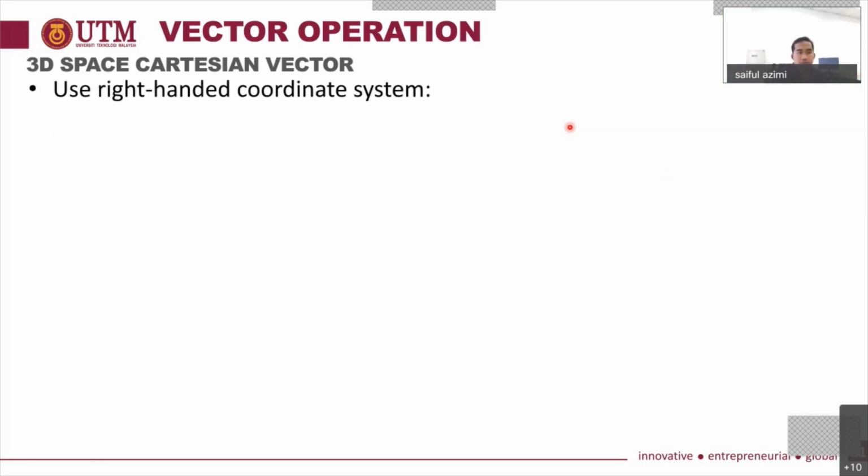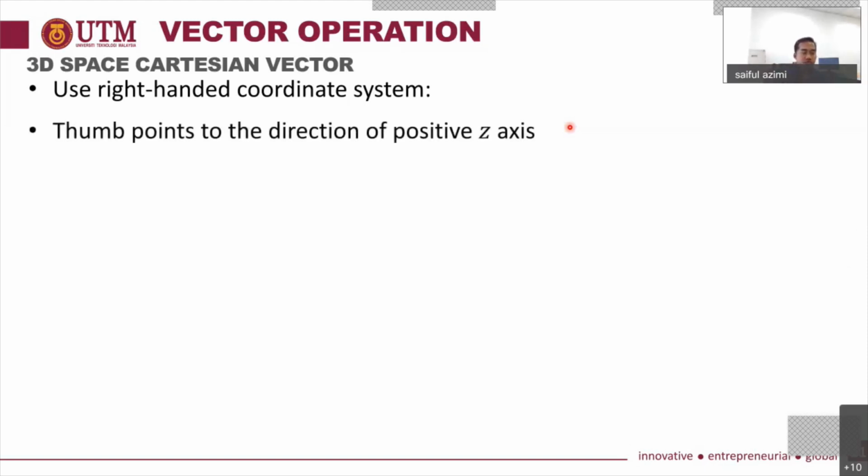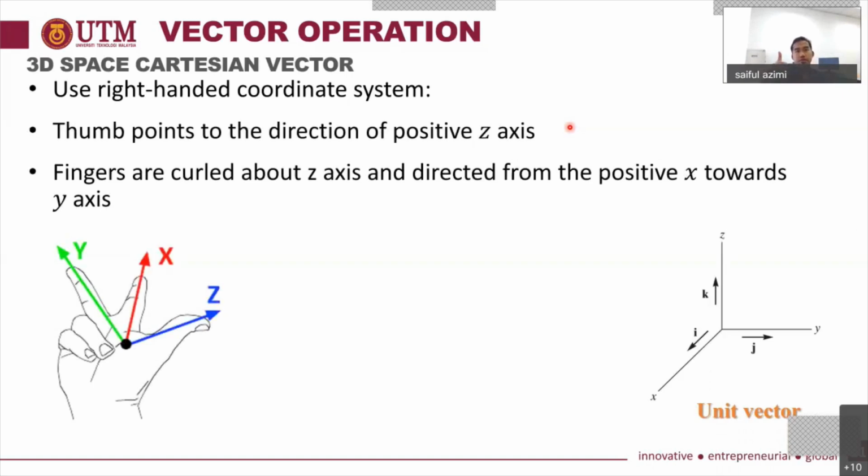For 3D space Cartesian vector, we will use our right-handed coordinate system. I'm sure that you already learned this in your physics. If you remember, your thumb points in the direction of the positive x-axis, and your fingers are curled about the z-axis, directed from the positive x toward the y-axis.